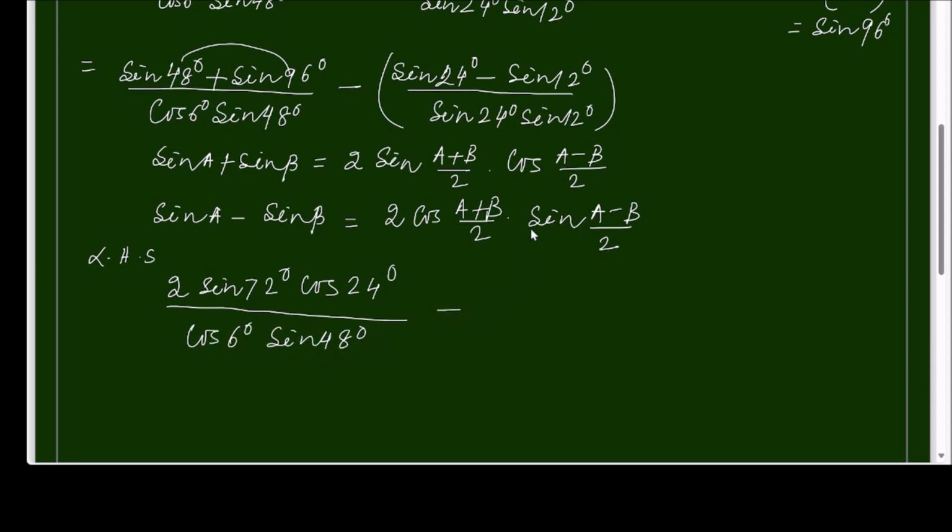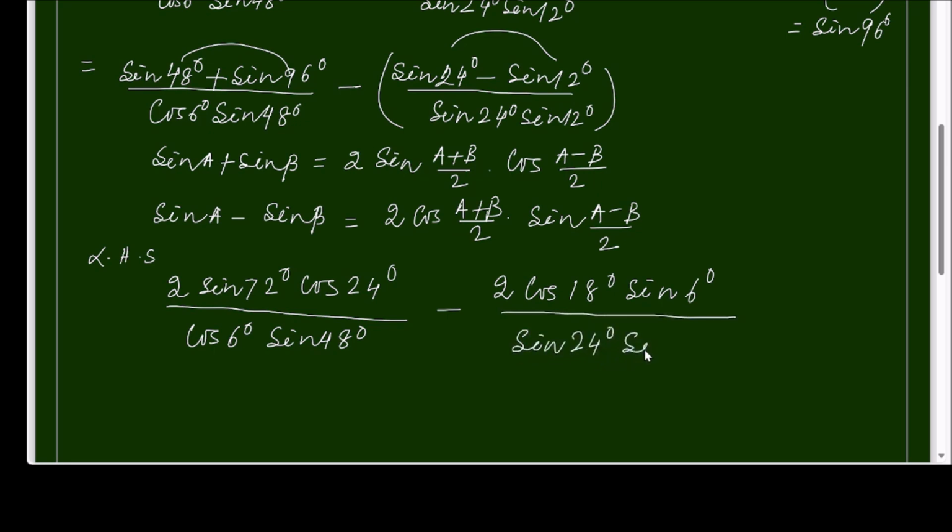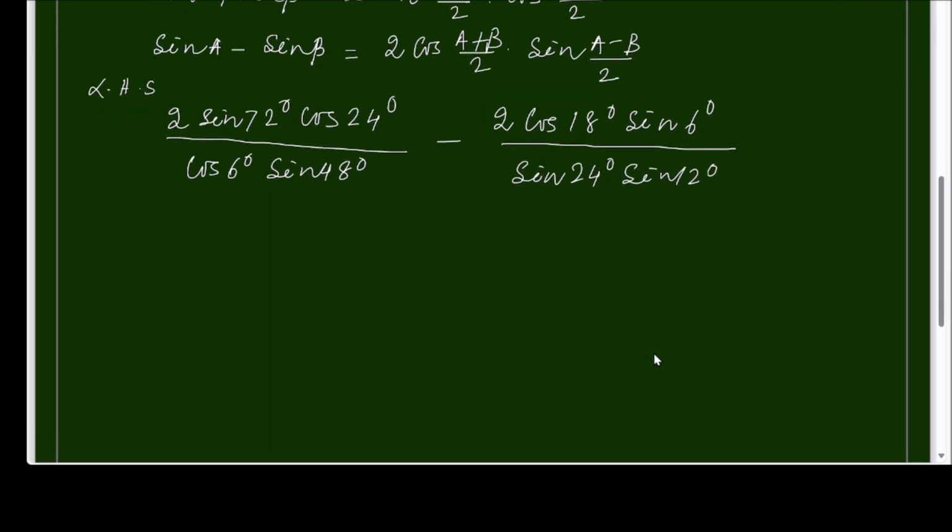Here sine A minus sine B will be 2 cos (24 + 12)/2, 36 by 2, 18 degree, and sine (24 − 12)/2, 12 by 2, that will be 6 degree. So sine 24 degree and sine 12 degree, the denominator as usual.